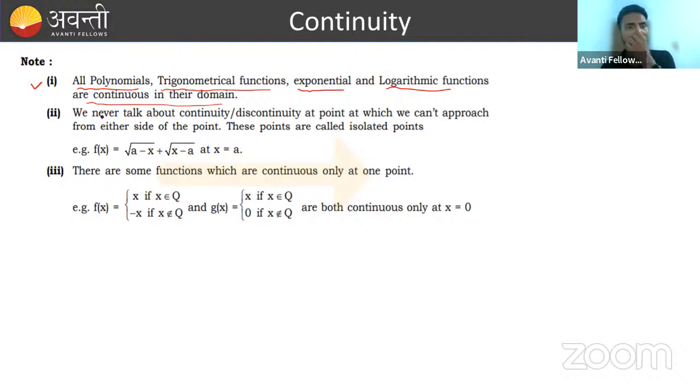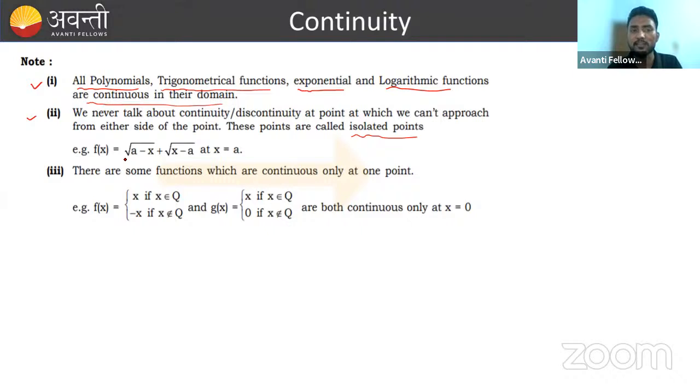They are saying that all these functions are continuous in their domain. Second, we never talk about continuity and discontinuity at a point at which we can't approach from either side of the point. Means what? These points are called isolated points.